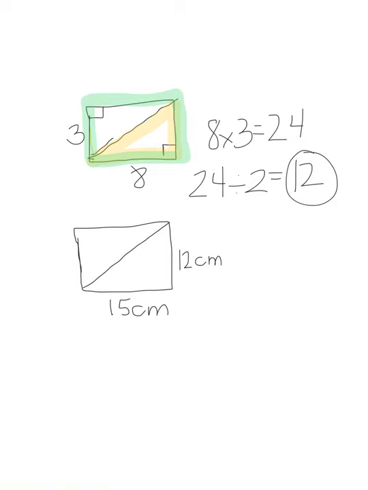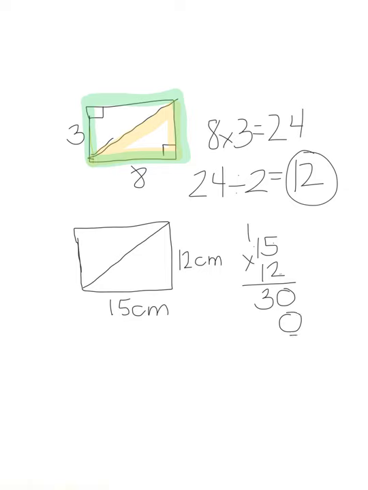So the first thing that you're going to do is take 15 and multiply it by 12. 5 times 2 is 10. Put down your 0, carry the 1. 2 times 1 is 2, plus 1 more is 3. So I'm done with that column. I'm going to the next one. I have to use my placeholder 0.